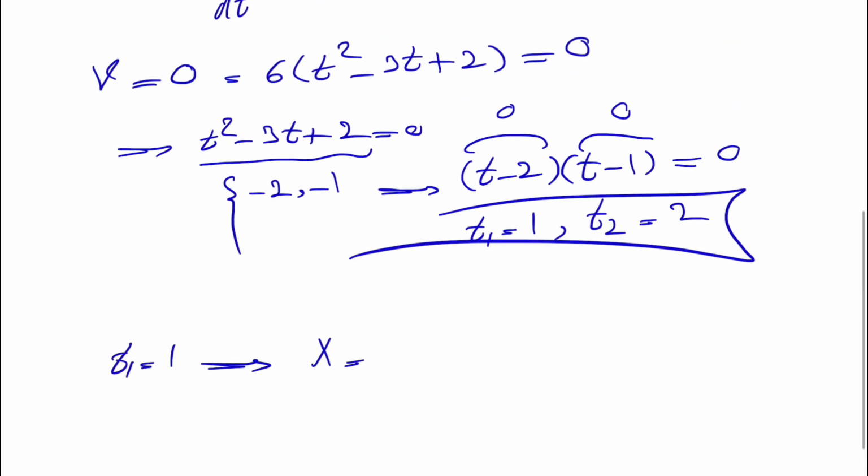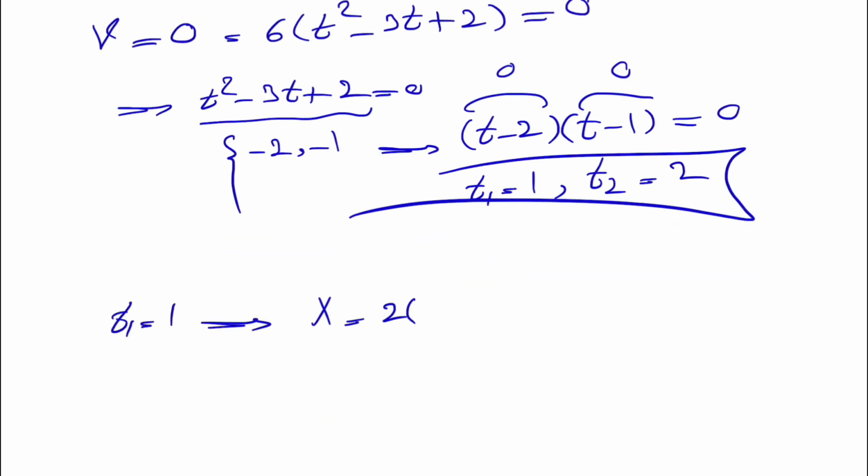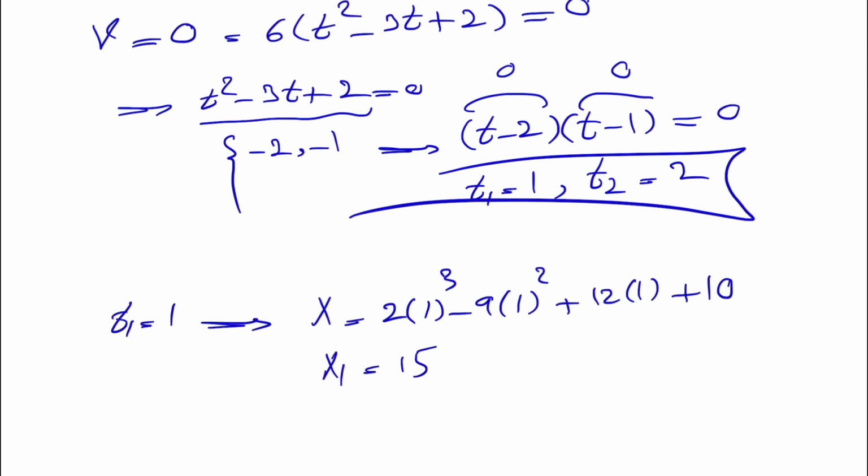X will be what we have for x in here, so basically we're just going to plug our t into this expression: 1 to the power of 3 minus 9 times 1 squared plus 12 times 1 plus 10, and if we calculate x, we're going to get 15. That would be the first value for x, in feet, and obviously our t's in here are in seconds, so 1 second.